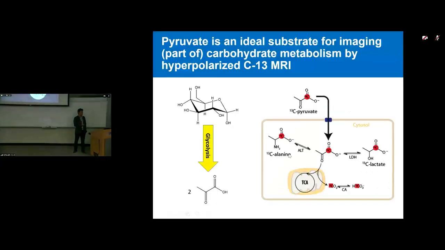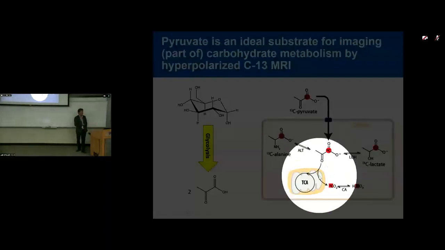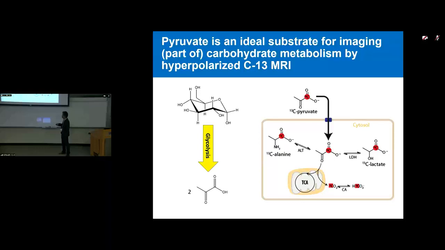Pyruvate can also be metabolized into the TCA cycle, forming acetyl-CoA. It depends on where you put the carbon-13 atom in. You can look to see CO2, which is cleaved off the pyruvate molecule by the pyruvate dehydrogenase enzyme, or you can look at the TCA cycle intermediates.